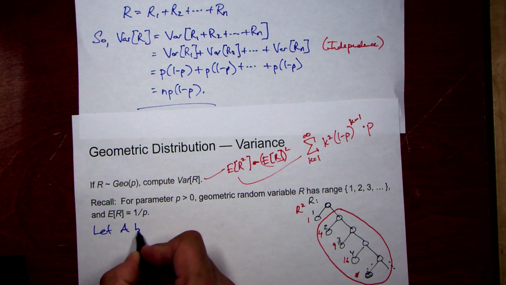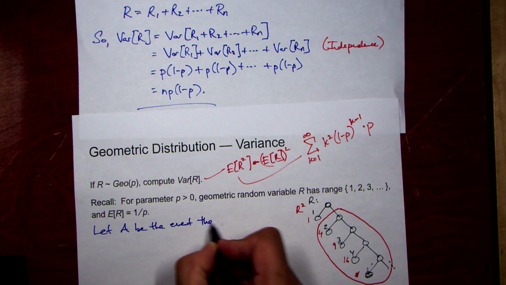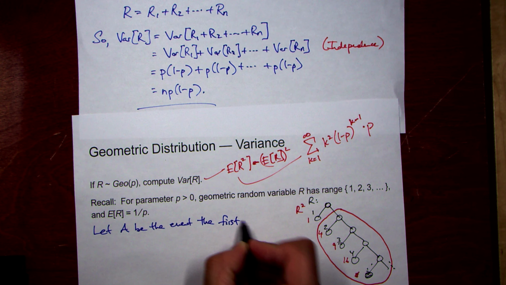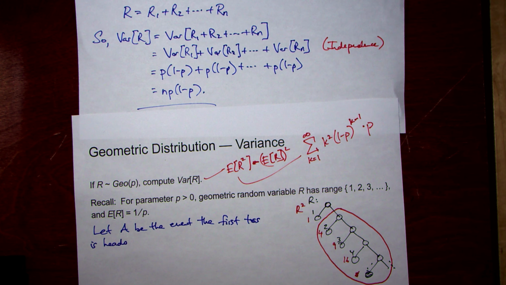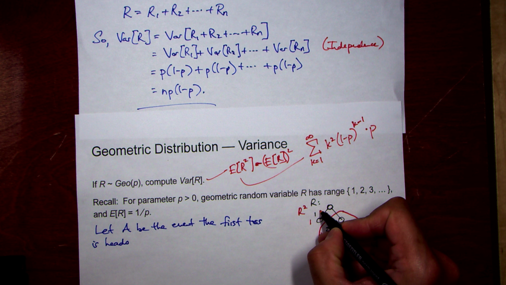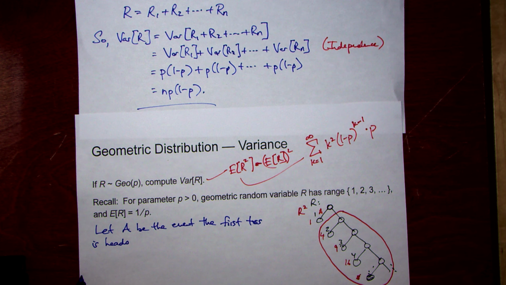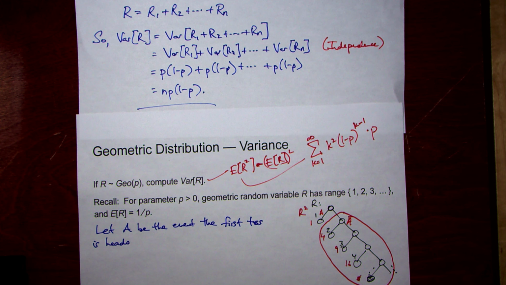Let A be the event: the first toss is heads. Okay, A is this branch, and A bar is this subtree. It's maybe not easy to see that bar there, but there's a bar there.